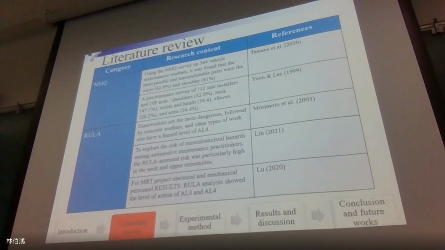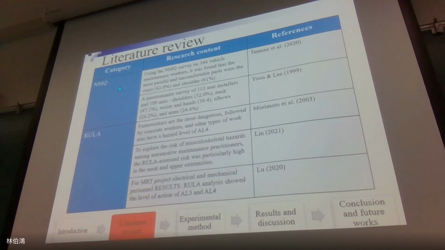For the literature review, if you go through the thesis in the future, maybe you can summarize your literature in this form. You can see we collect the NMQ, RULA, and also you can see this is a reference, and also the main point about this reference.